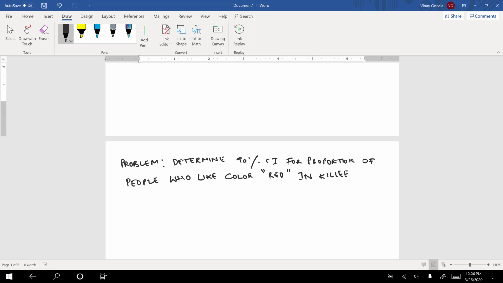So we are interested in what proportion of people like color red in Killeen. What do we do? We take a sample.